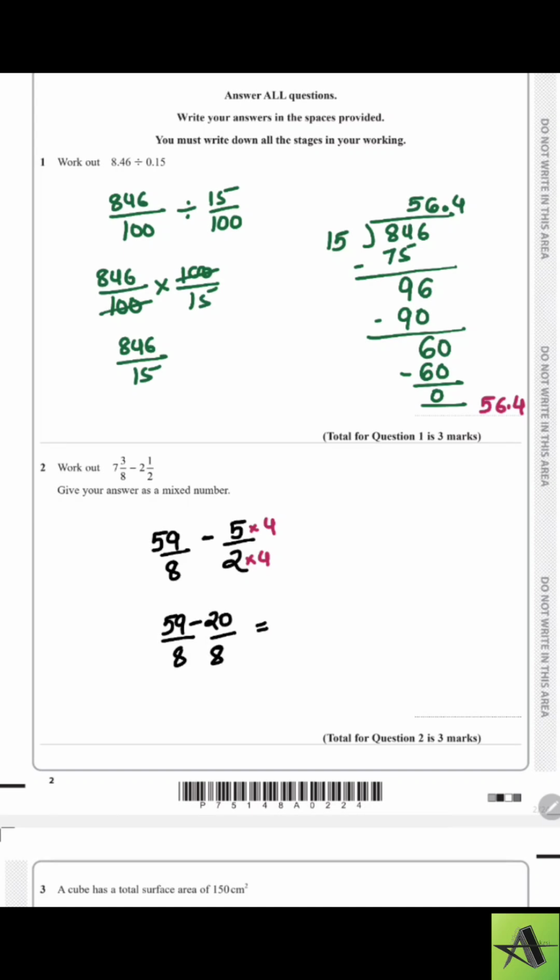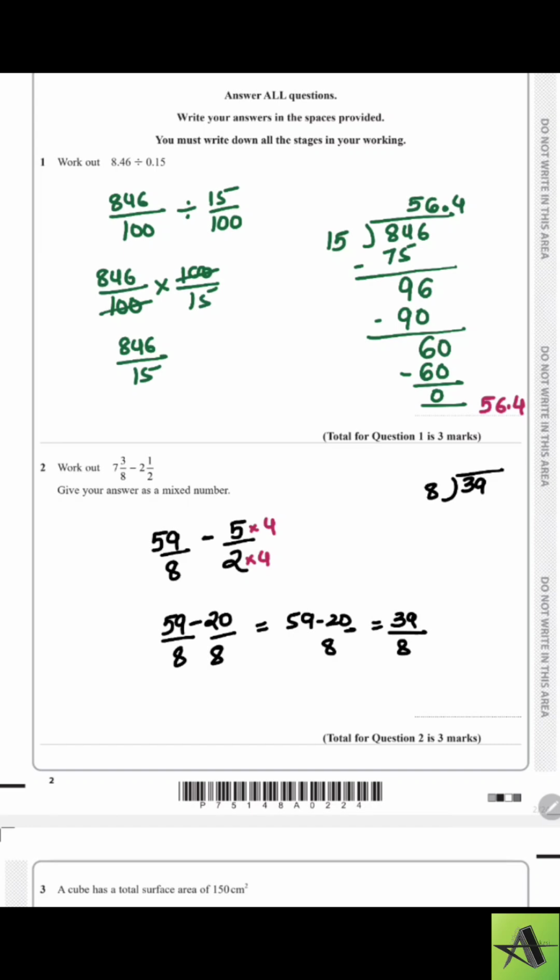We have made the denominator the same, so 59 minus 20 over 8, which is 39 over 8. I cannot simplify it further, but I can convert it into a mixed fraction again, as they're asking you to give the answer in mixed fraction. So we know 39 over 8.